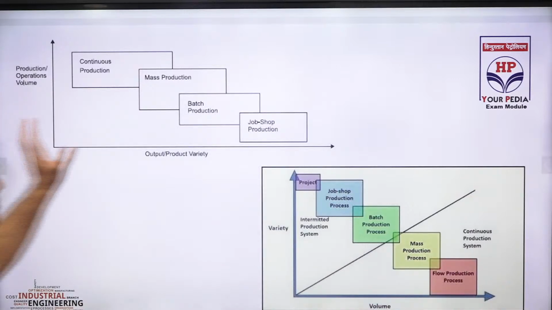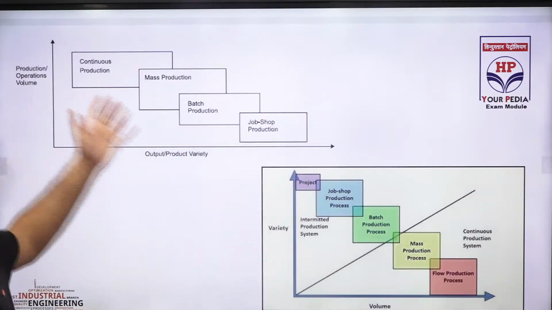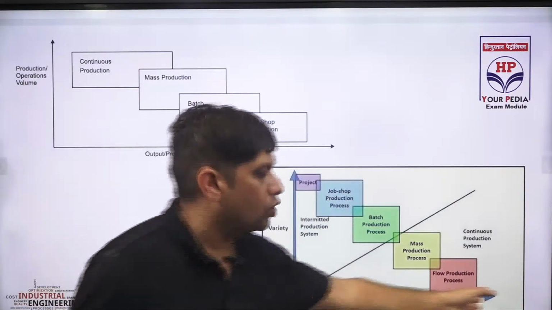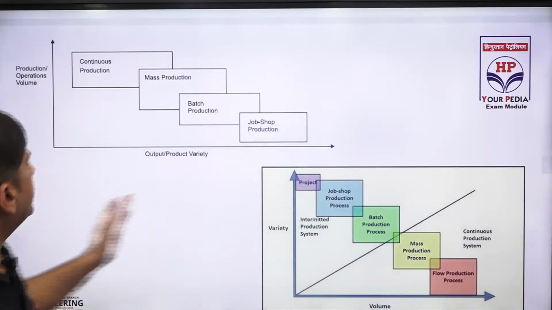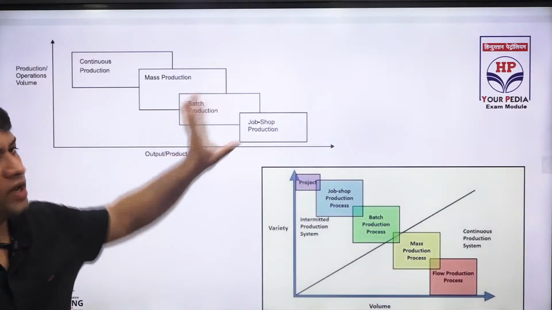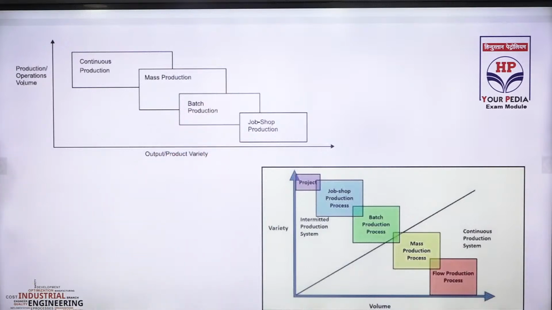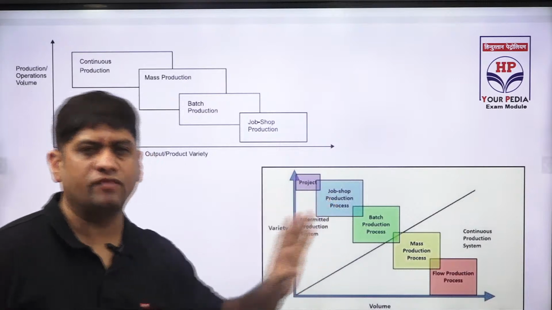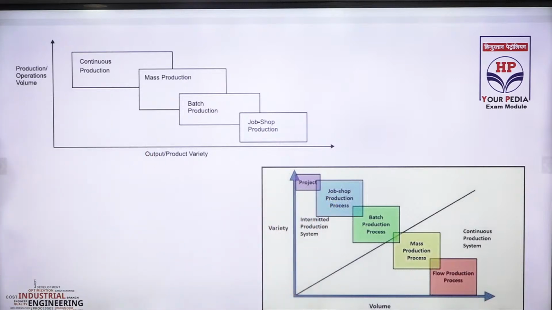There are two diagrams: variety on this side and quantity on that side, or the reverse. So you should know where each falls. On one side is continuous, on the other side is job shop, and in between there is batch production. Very important diagram and very important production systems.